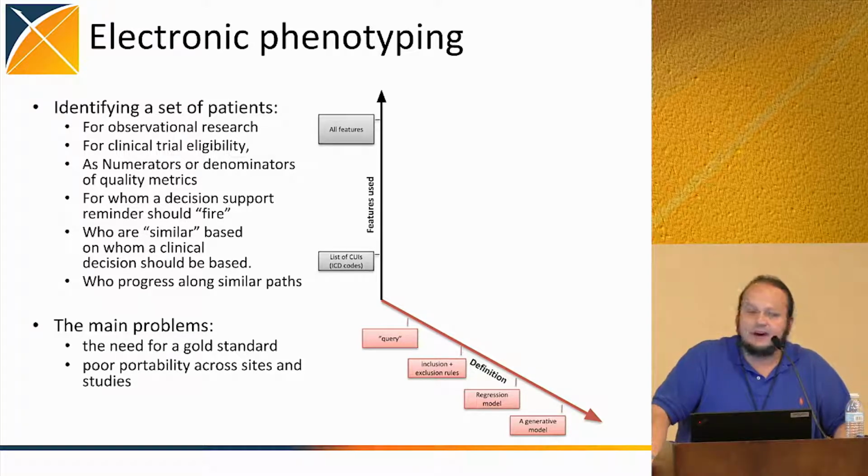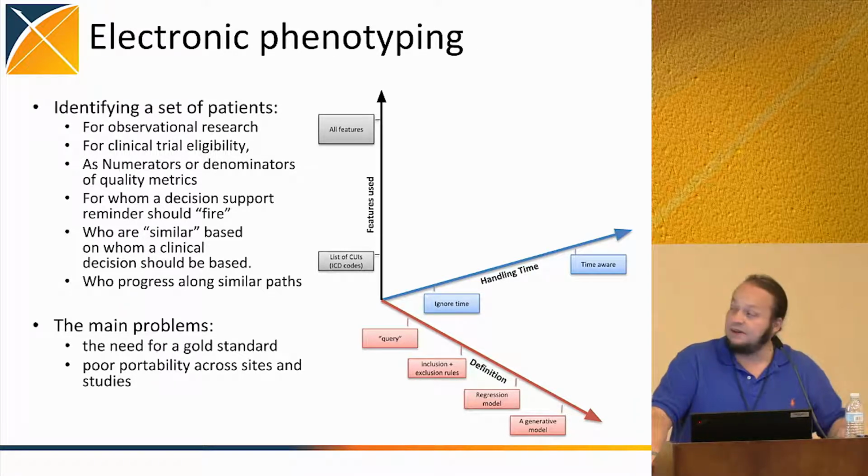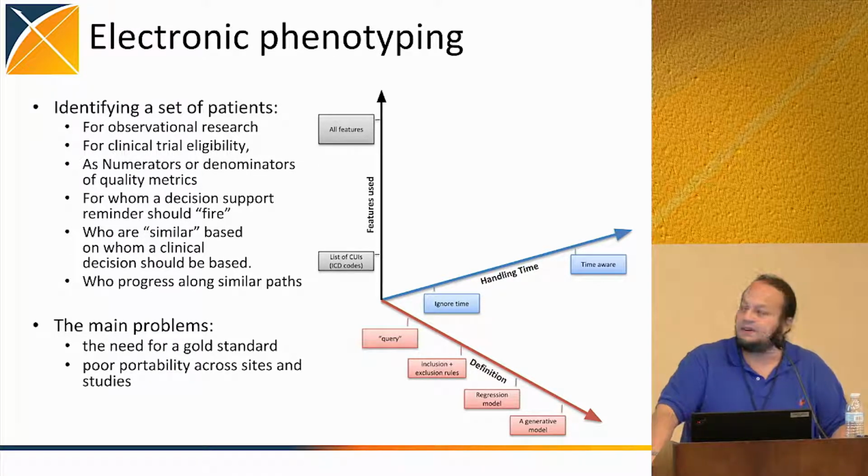You have a way of defining them, where you can either start with a base query, or do inclusion and exclusion rules, which gets more complicated, and then you could do a regression model, or generative models and whatever fancy new buzzwords people want to try. And you have an option of either handling time or not. You can ignore time by collapsing your features, or you can be time aware. Again, this is coming from a machine learning perspective.